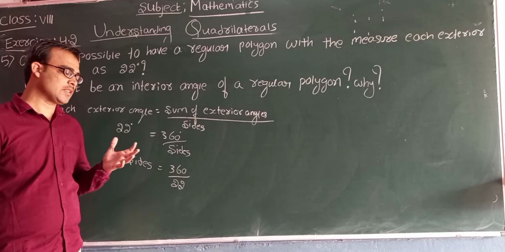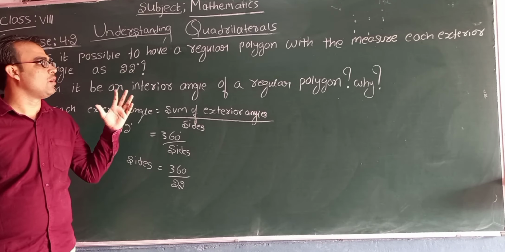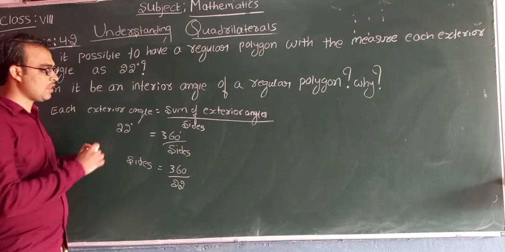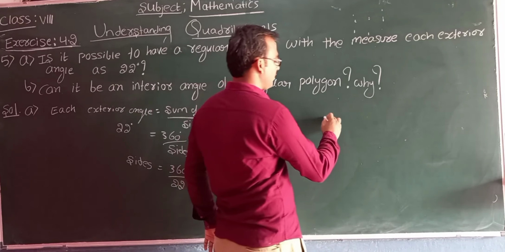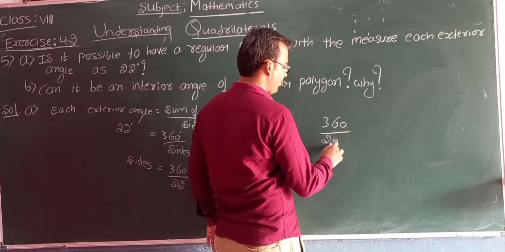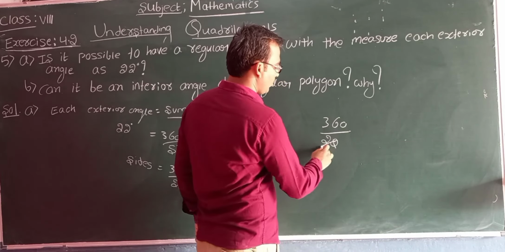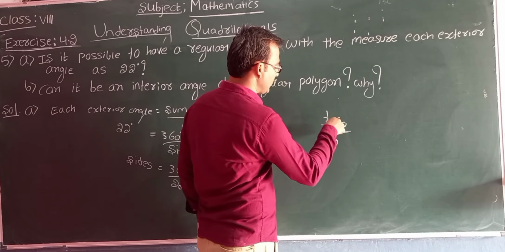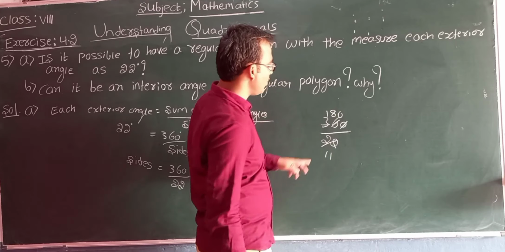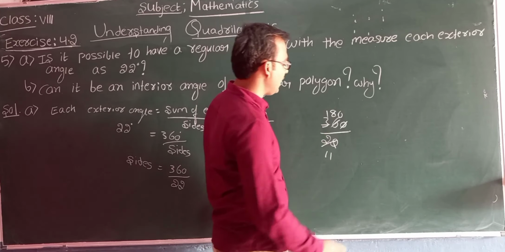So here what they have asked is, is it possible to have a regular polygon with the measure of each exterior angle as 22 degrees. Okay, now here we will cancel. 360 divided by 22. Two 11s are 22, 2 ones are 2, 1 remains, it becomes 16, two 8s are 16, 0 cancels. So we are getting 180 by 11.